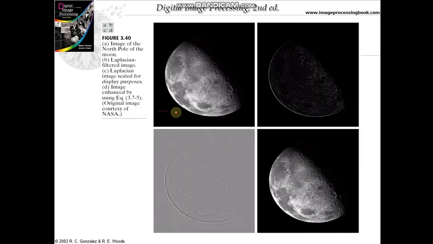Here is an example. This is the image of the north pole of the moon. B is the Laplacian filtered image, and C is the Laplacian image scaled for display purposes, and this is the image enhanced by the previous equation. So this is an example also.